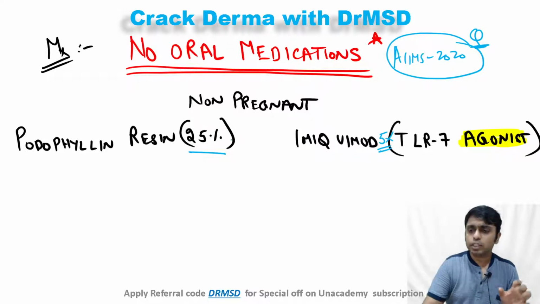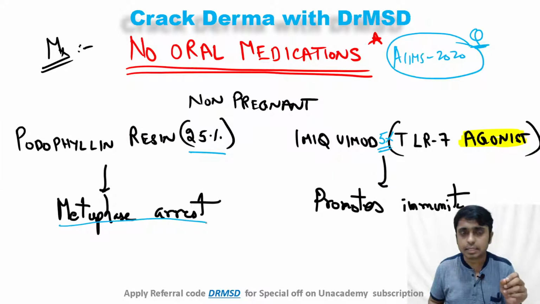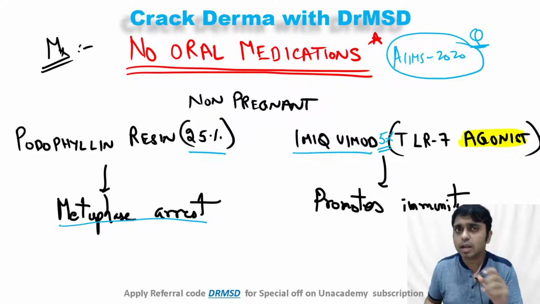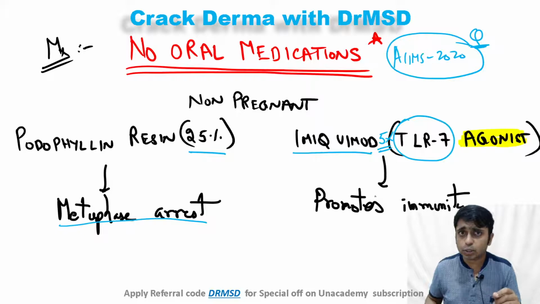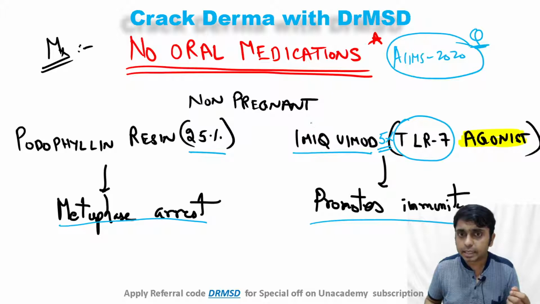The mechanism of action of podophyllin is that it arrests the cells at the metaphase level, and imiquimod has agonist action over the toll-like receptors, because of which there is promotion of immunity. As the name itself suggests, imiquimod will modulate the immunity.